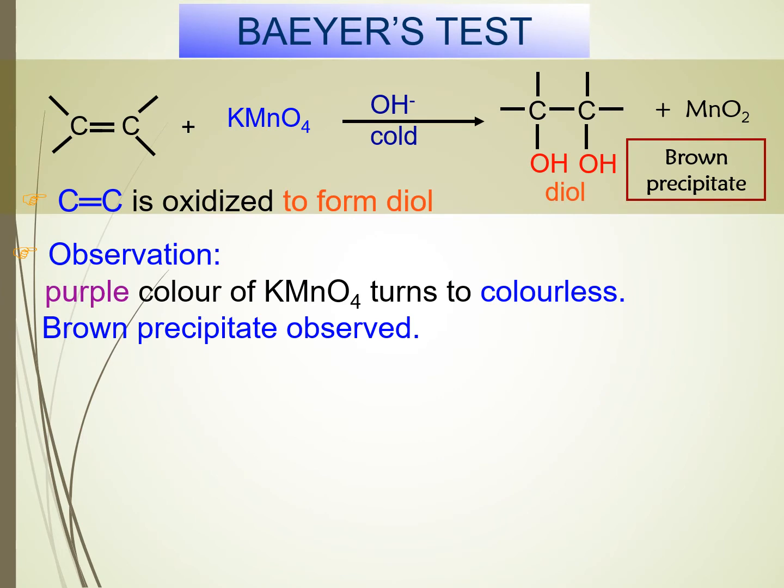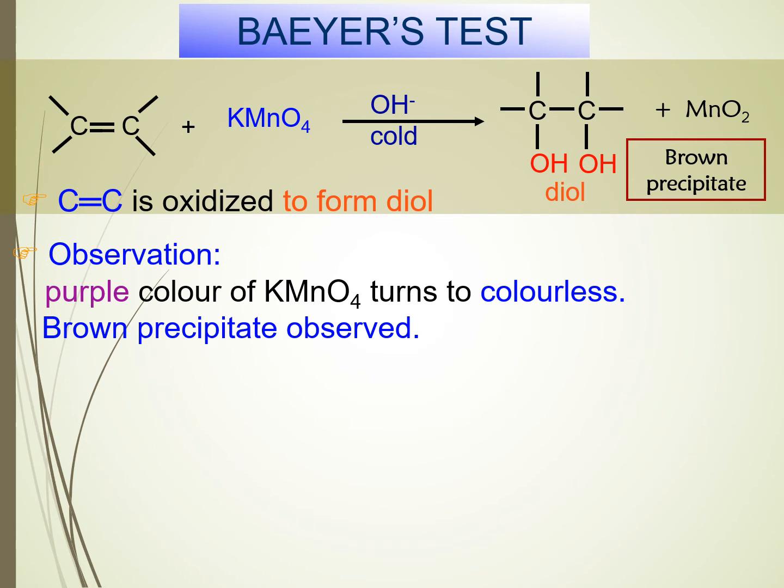The second test to differentiate between alkane and alkene is the Baeyer's test, by using cold basic potassium manganate. Alkene will be oxidized to form a diol, and a brown precipitate is observed due to the presence of manganese oxide.